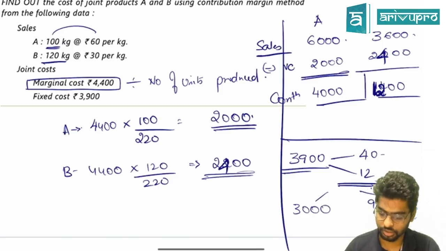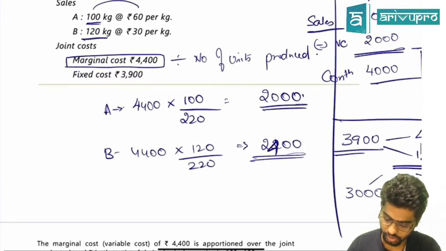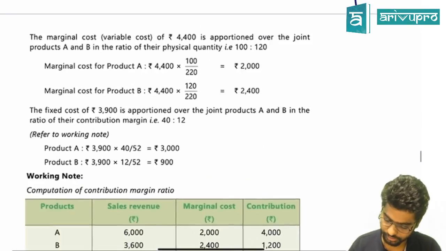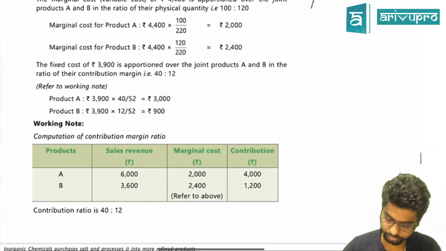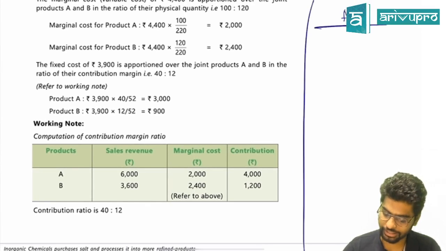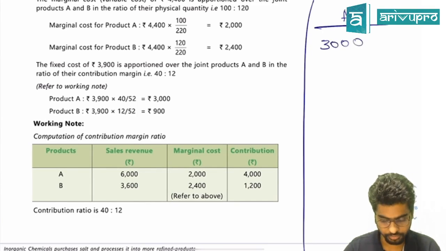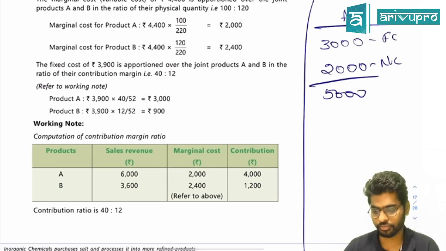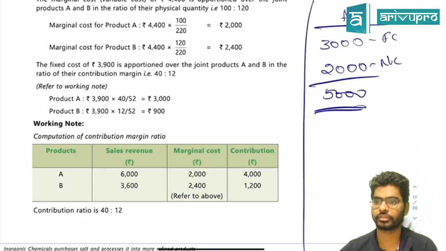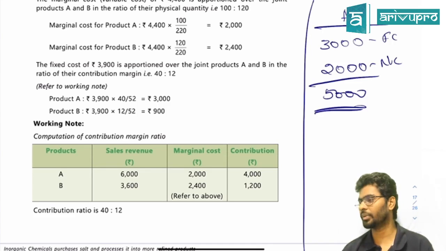So the joint cost is going to be divided: for A it will be 3000 of fixed cost and 2000 of variable cost, totally 5000. Guys, are you clear with all the methods?